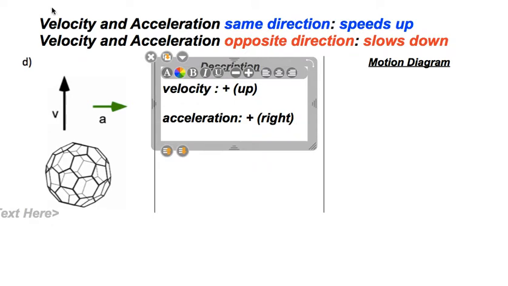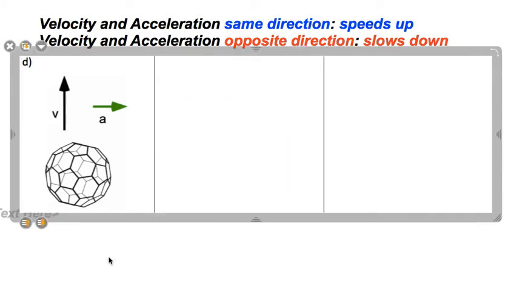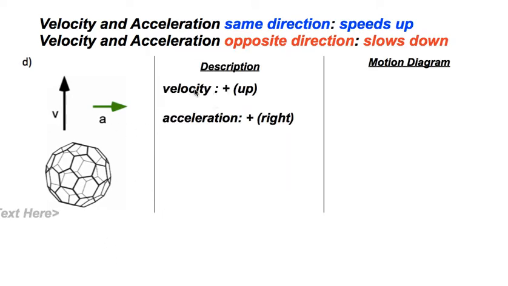Okay, now we have to talk about what actually happens to this ball. So we know that if velocity and acceleration are in the same direction, the object is going to speed up. But our velocity is pointed upward, our acceleration is pointed to the right. So here's what's going to happen. The ball will move upward, obviously, that's the direction of our velocity.